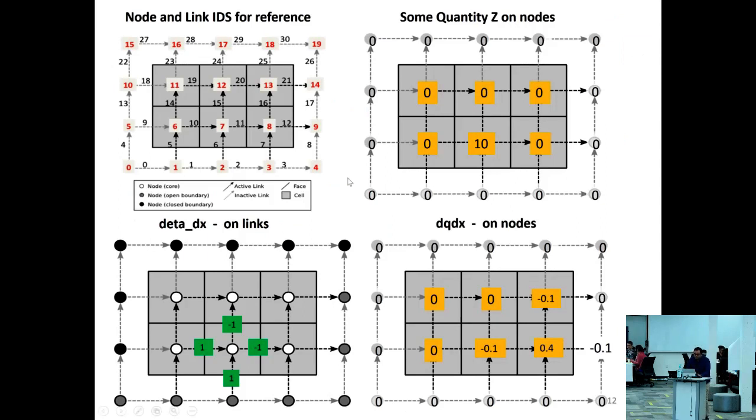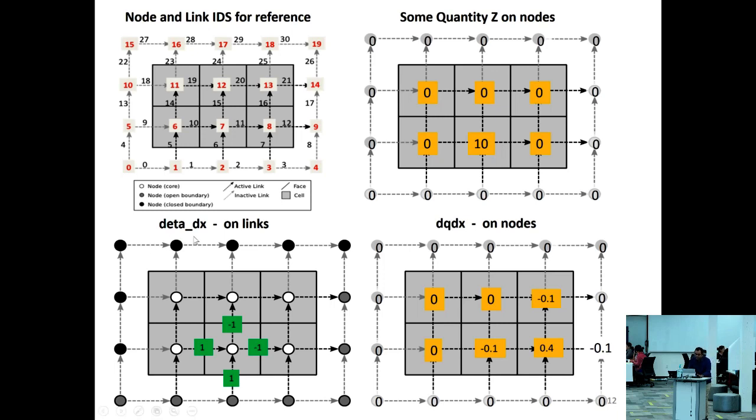So on the top left, I have a reference grid with node IDs and link IDs. And let's create a sample quantity, some quantity z on the nodes. So for simplicity's sake, I have set all of the nodes to have that value as 0, but the 7th node has the value as 10.